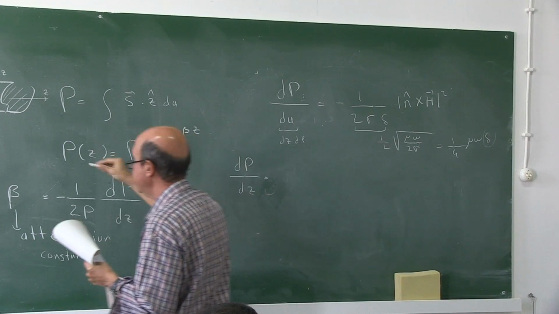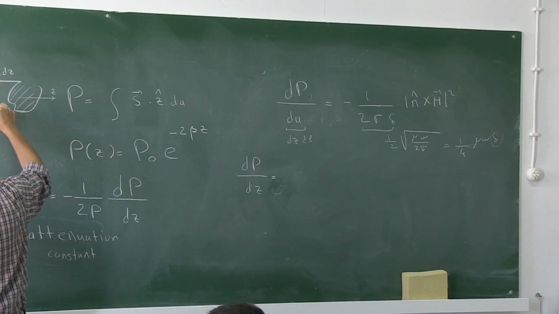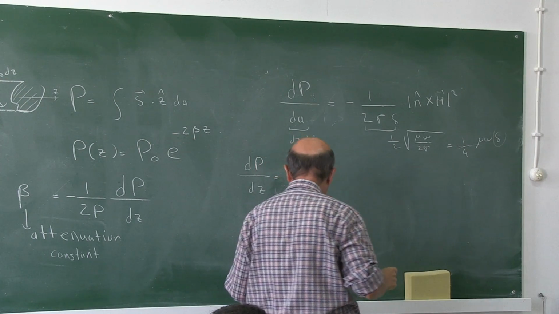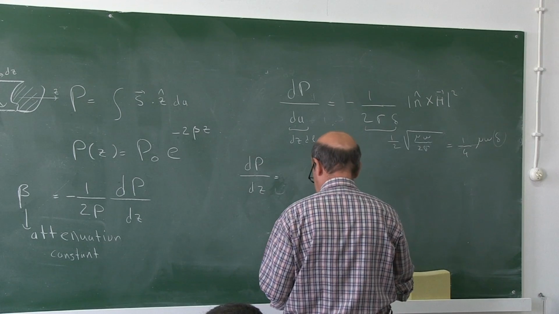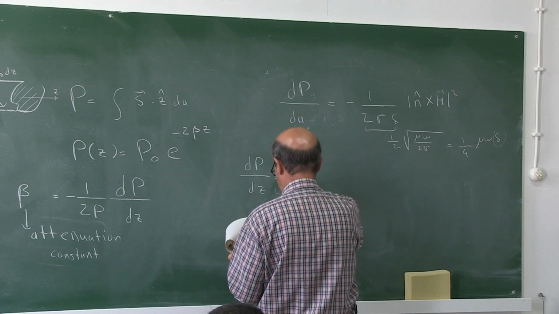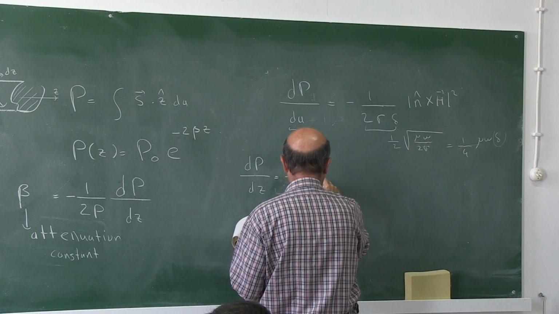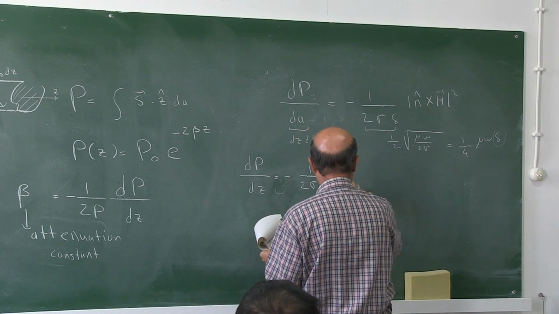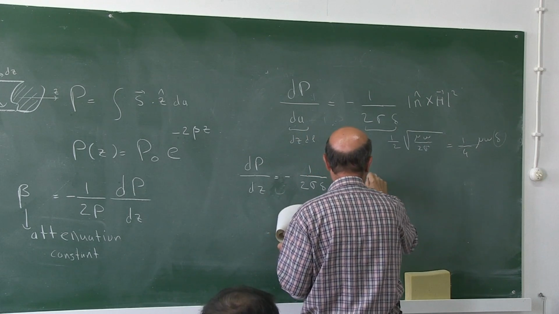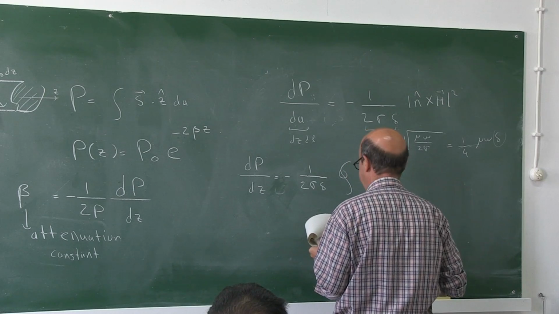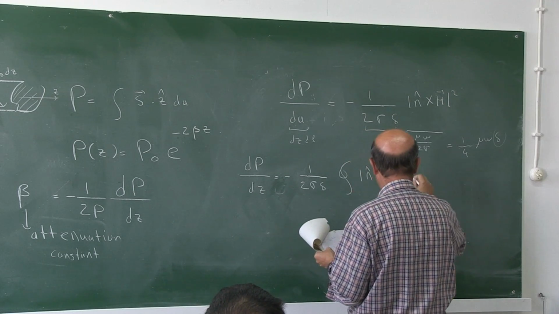So if you integrate this through the cross-sectional length at the surface of the guide, you will obtain an expression in the following form. That will be 1/2 sigma times the skin depth and n cross H squared, integrated through dl.